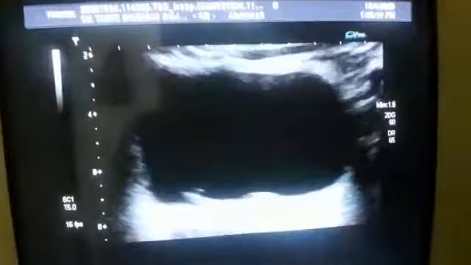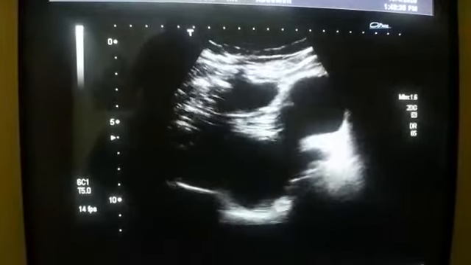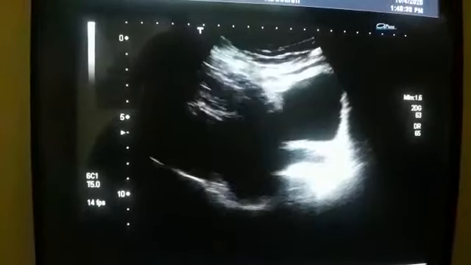However, it can also be a diverticulum. See, there is a breach in this region. This is the urinary bladder, and between these two cystic areas, this breach is suggestive of the fact that it can be, let me show you, a diverticulum, most likely.